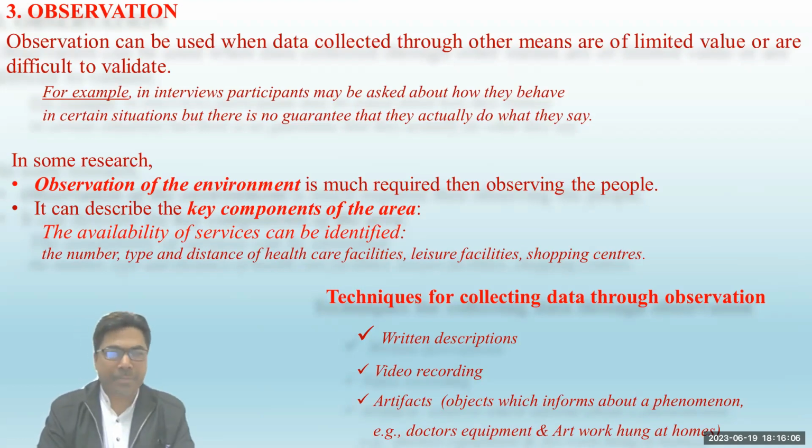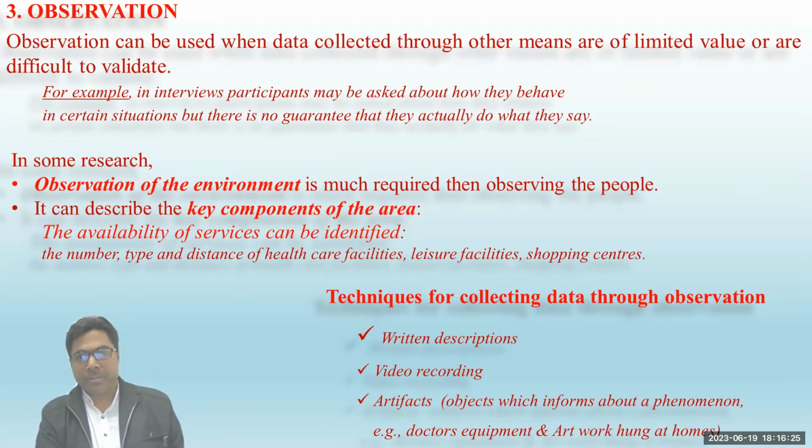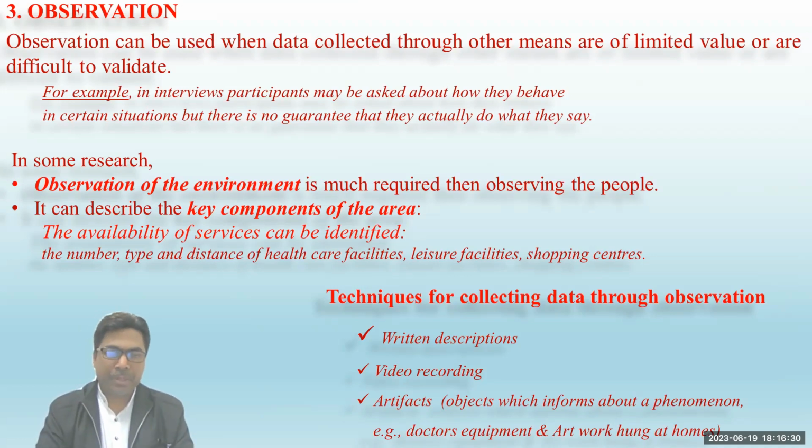Suppose you're observing a particular locality, there you try to realize what health facilities there are, whether they have any leisure facility, and what about the shopping centers, hospitals, schools, etc. While collecting data using the observation method, the researcher should have a written description, should also go for video recording, and artifacts also play a great role in this method.